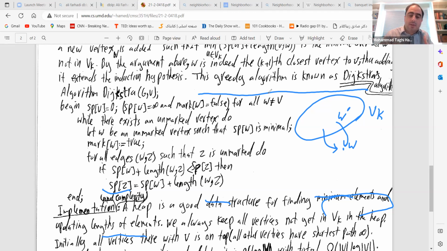There is nothing particular. You compute this for all vertices. Then if you want to find a shortest path from one vertex to another, you just go and look at that particular vertex. So you need to compute the whole thing. There is no way to find the shortest path between S and a particular vertex W alone. You really need to find the paths from S to everything else, and then you go and see what SP of W is.